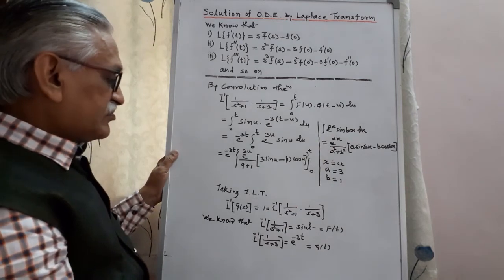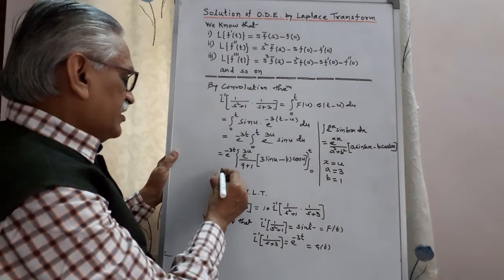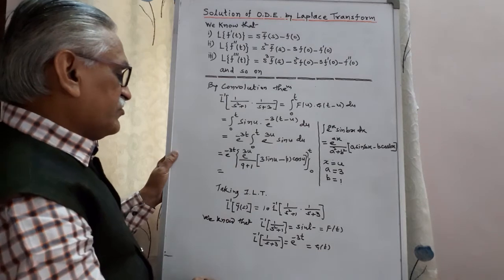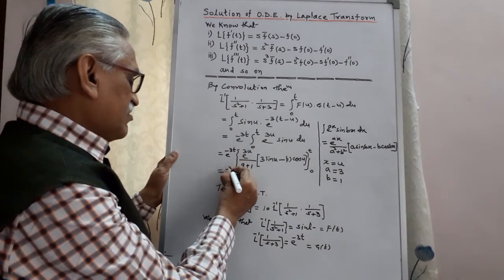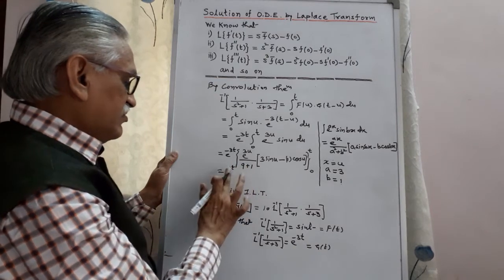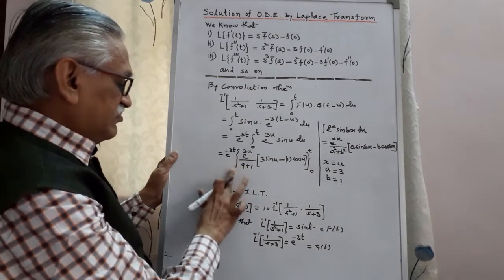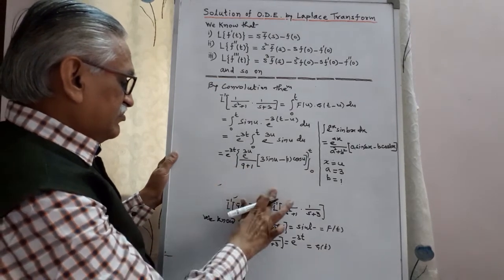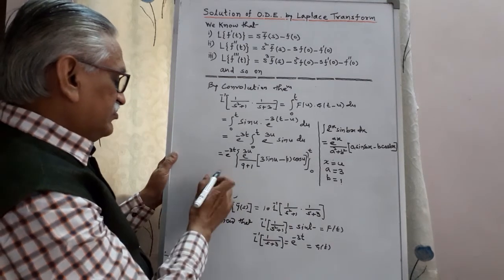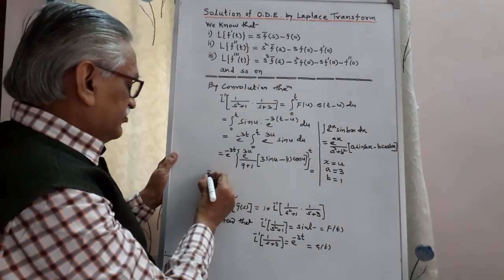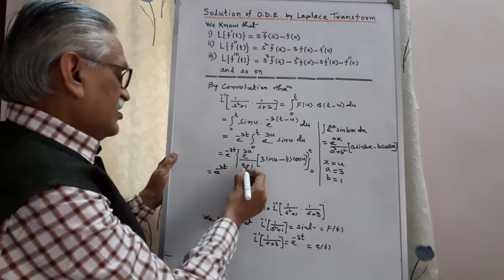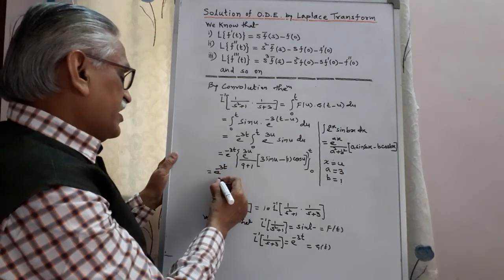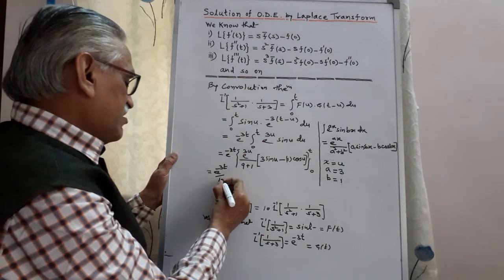Therefore it is equal to e raised to minus 3t, 9 plus 1 is 10, divided by 10.